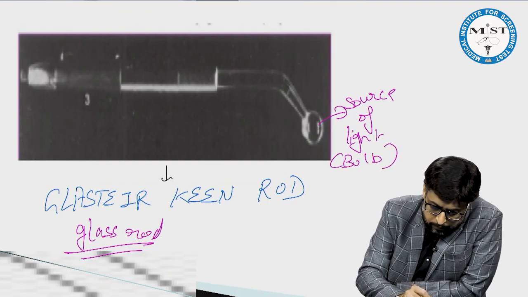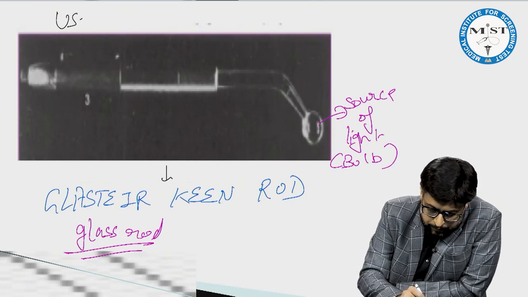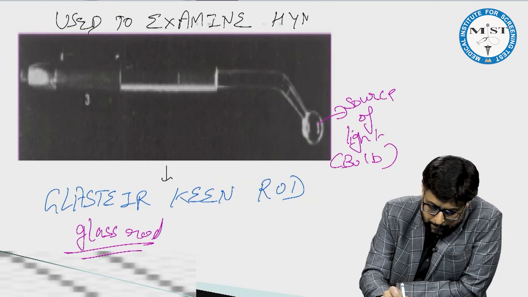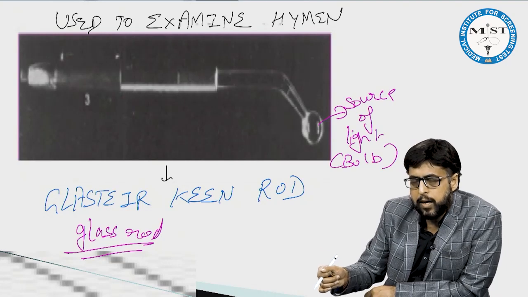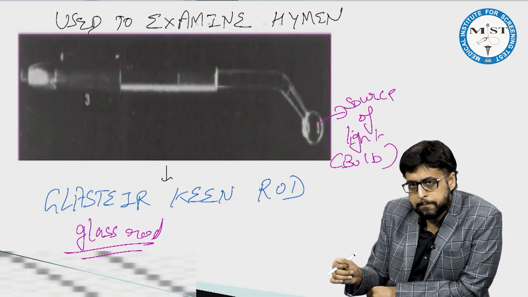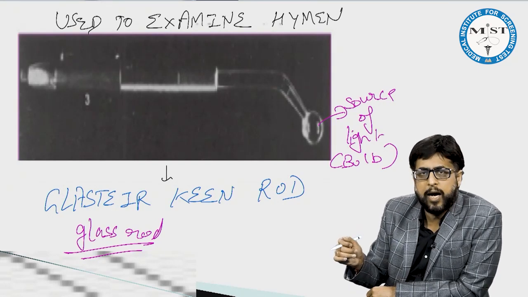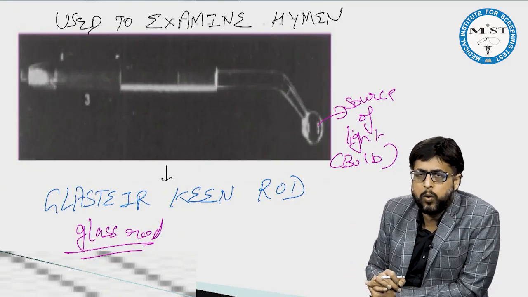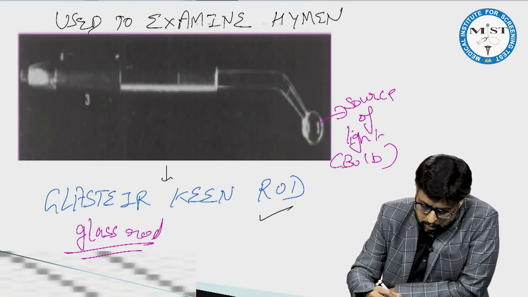What is the use of this rod? This rod is used to examine hymen. This rod is inserted into the vagina and brought close to the hymen, and the kind of injuries, whether recent injury or old injury, can easily be seen.